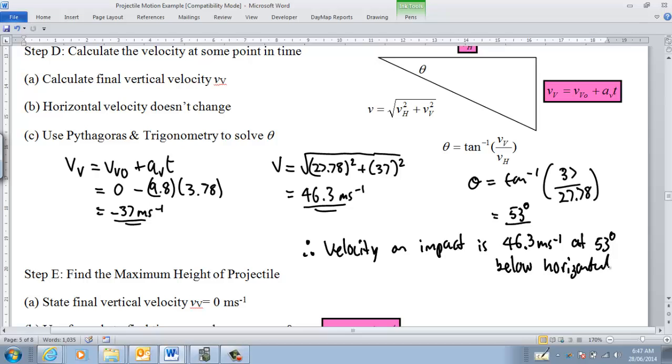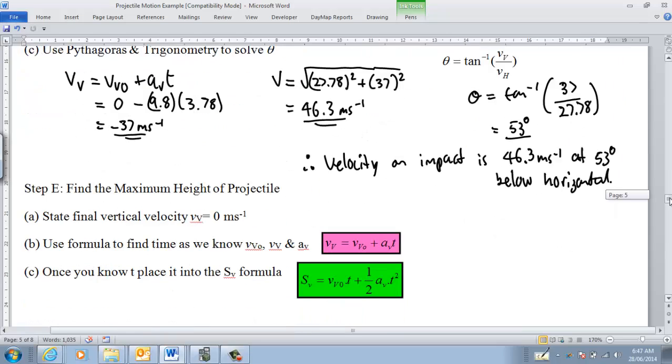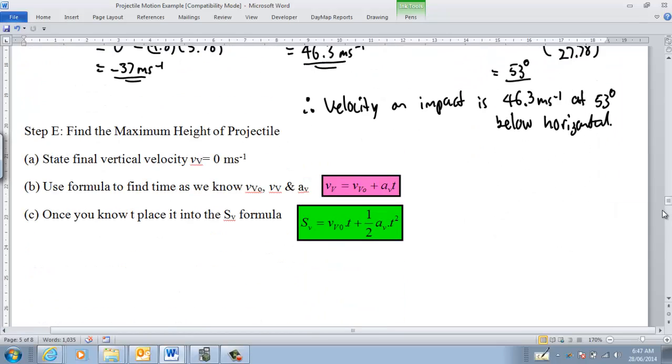So you give the direction as well as the speed. Now the last part of this question is to find the maximum height. Well, the maximum height is going to be what it's launched at, so that makes sense in this question. So we'll just leave that there.